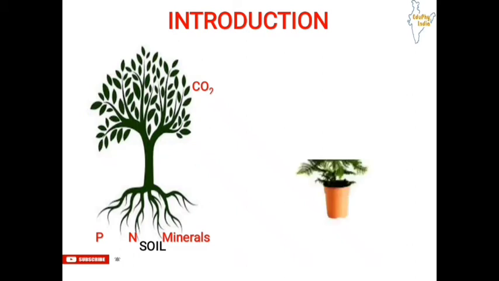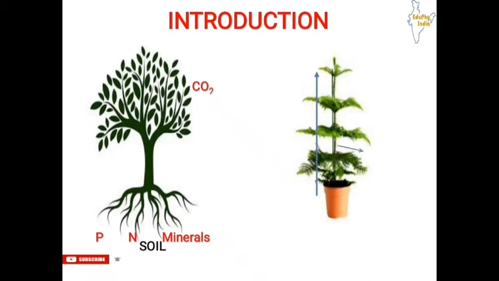If the distances between soil contacting organs and chlorophyll containing organs, that is leaves, are small, then energy and raw materials can easily diffuse to all parts of the body. So here you can see the small plant, and for that the transportation of minerals and food is done by diffusion only, because the distances between them are small.